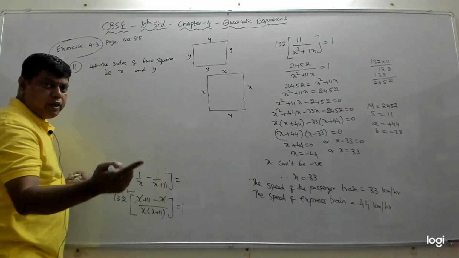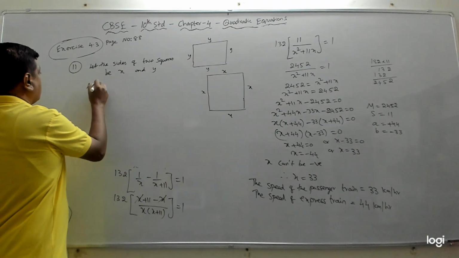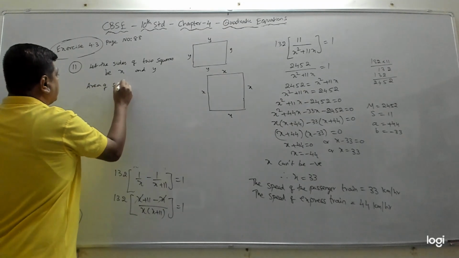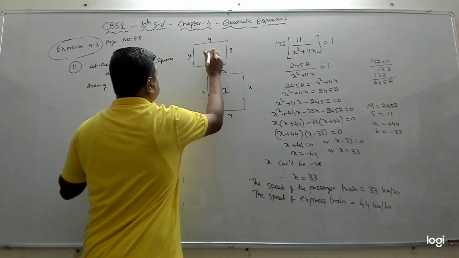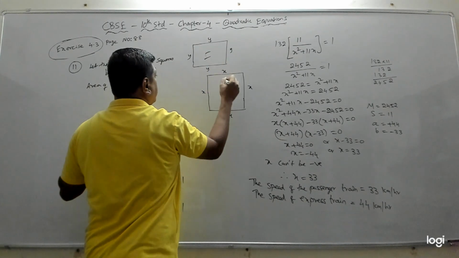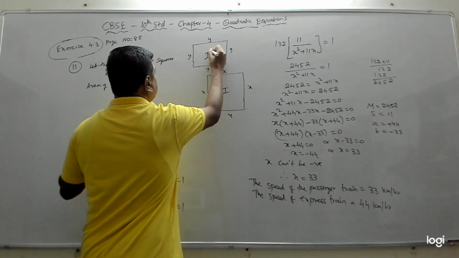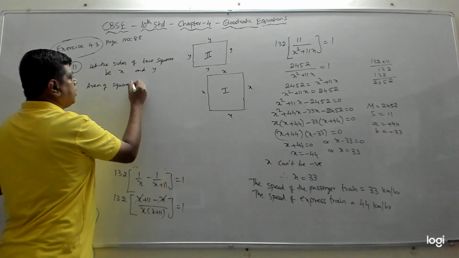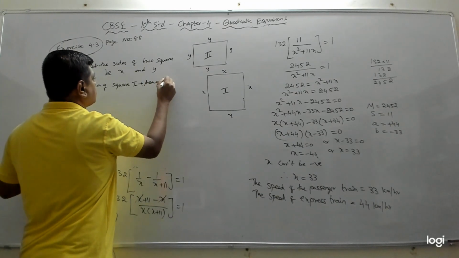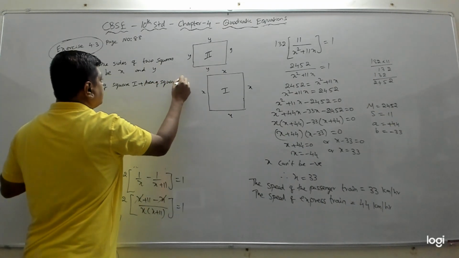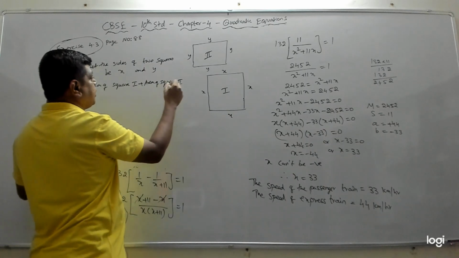Now what is the given? It's a sum of the areas, which means area of square 1 plus area of square 2. I call this square 1, this square 2. It is given to be how much?